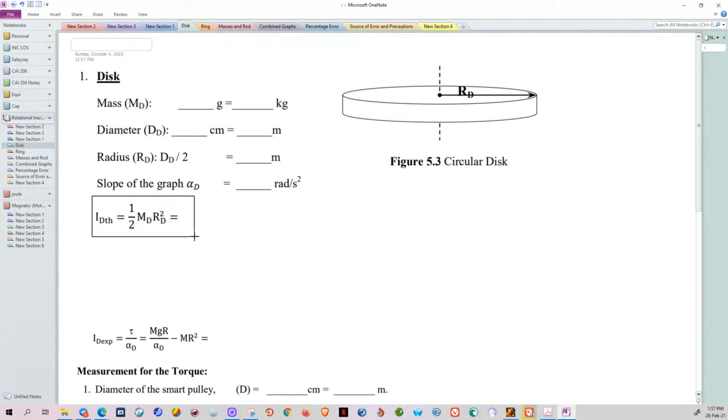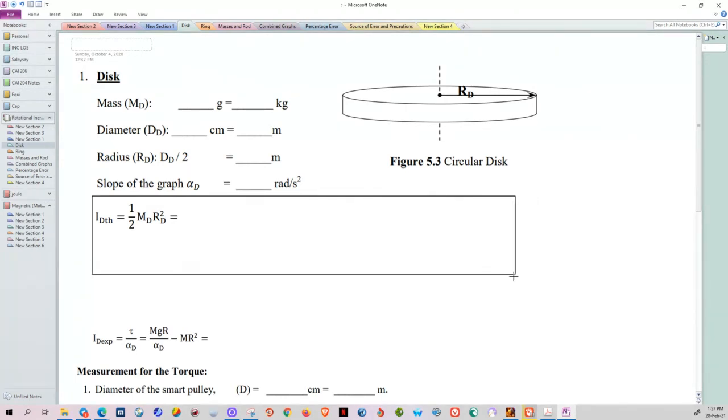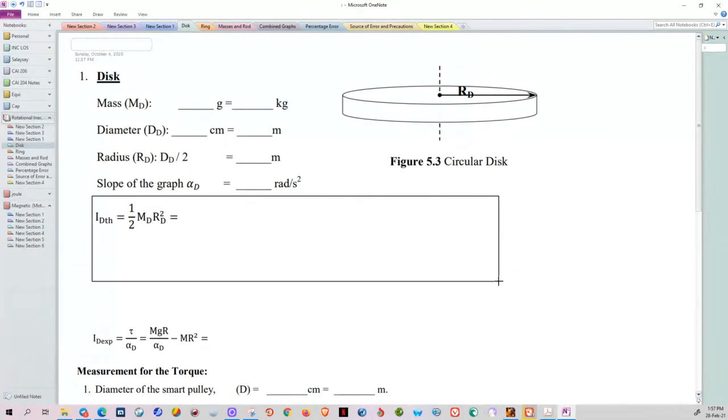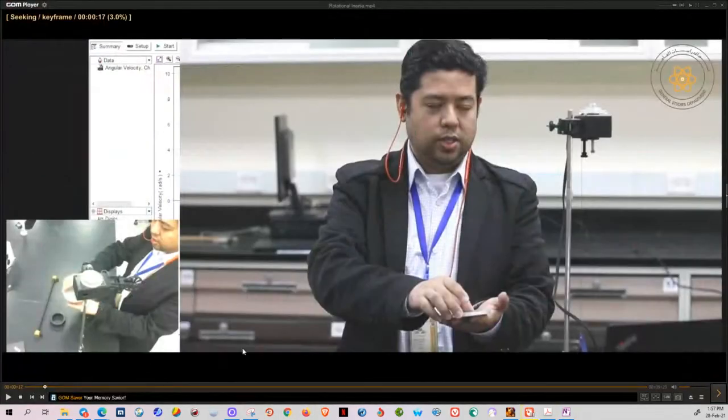Mass of the disc and radius of the disc squared. So let us go and calculate or measure the mass of the disc and the radius of the disc, okay? Don't worry about the slope of the graph because this one actually goes here. So let's go to our video and find out the mass of the disc and the radius of the disc.